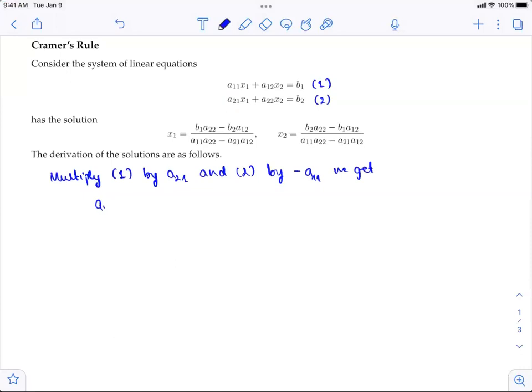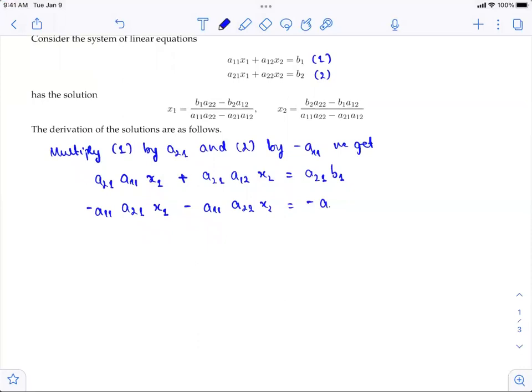Doing this, the first equation becomes a21 times a11 times x1 plus a21 times a12 times x2 equal to a21 times b1. Now for the second equation, I get negative a11 times a21 times x1 minus a11 times a22 times x2 equal to negative a11 times b2.